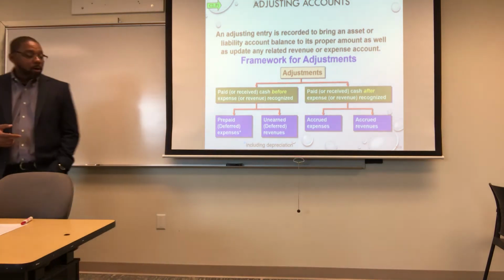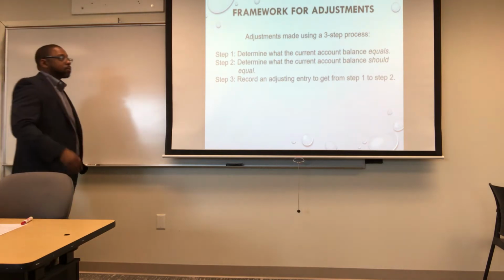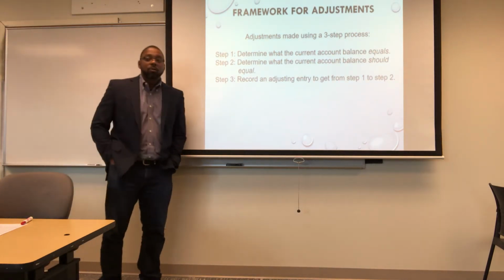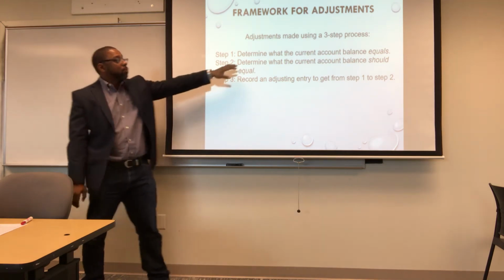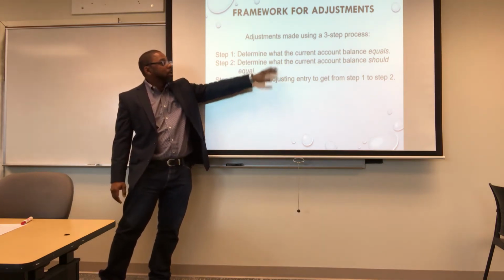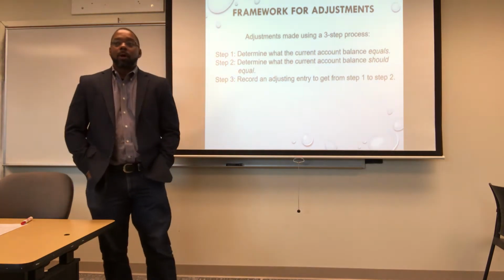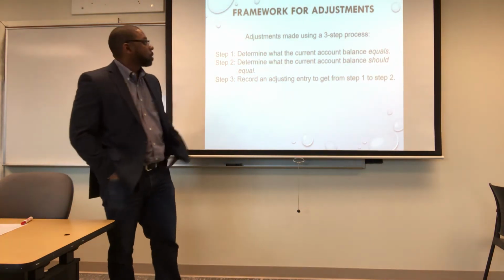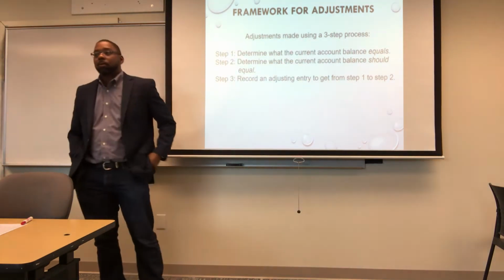So these were the 4 major adjustments we talked about. And this is a framework for adjustments, right? So there's a 3-step process in which we make adjustments. First, we're going to determine what the current balance equals. So when we're working these problems, we're going to look at the current balance. And then we're going to determine what the current balance should equal.